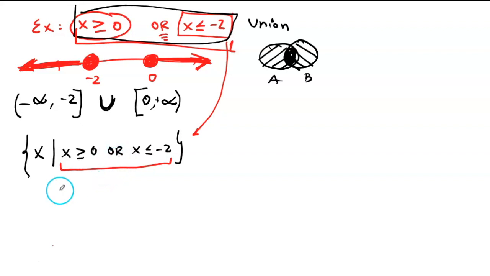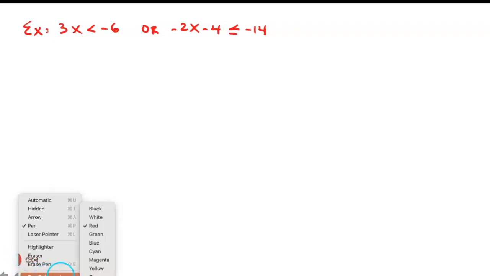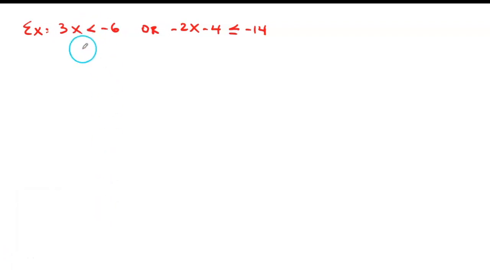Let's try another one. So now we have this problem, and it's with an OR. Let's solve it. Remember the word OR and two different inequalities. We have to solve them individually. Divided by 3, the 3's cancel. X is less than -2, and that's by itself. Or, let's solve this one.